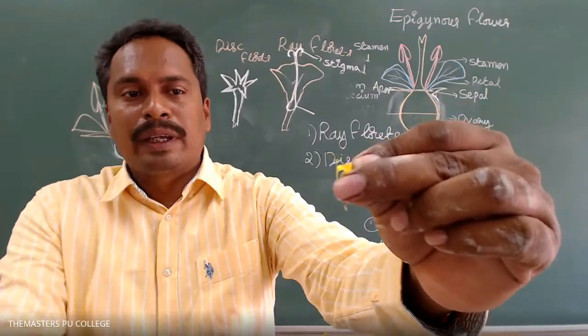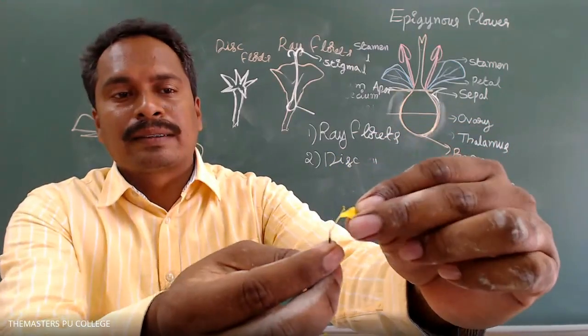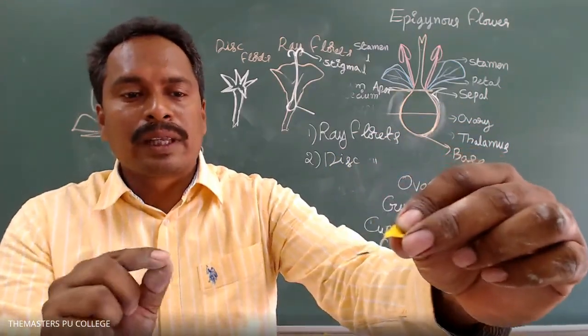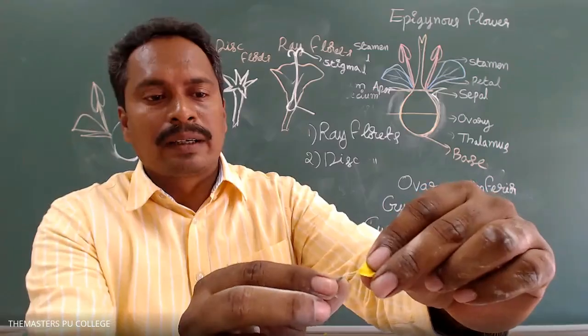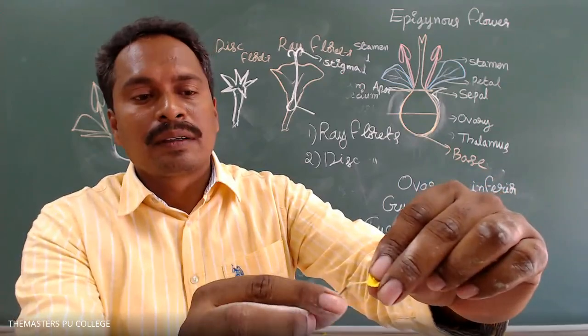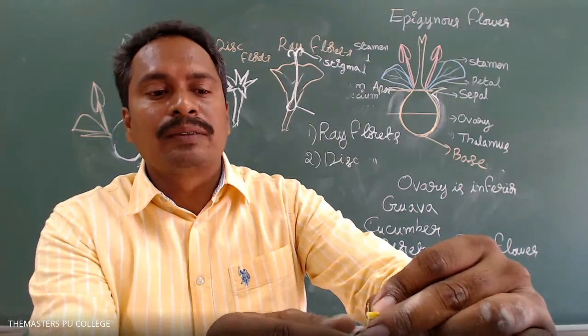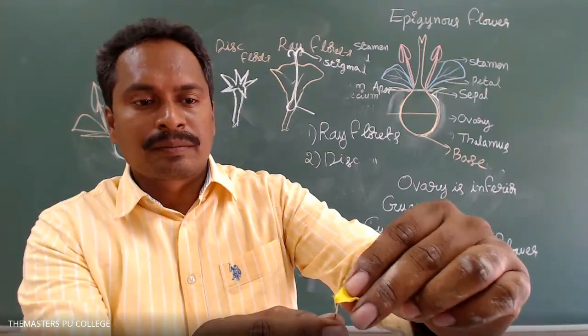Sir, show the ovary. It's not clear now. We have to see with the help of a simple microscope. It's highly reduced, very small in size. We can see only with the help of a microscope.